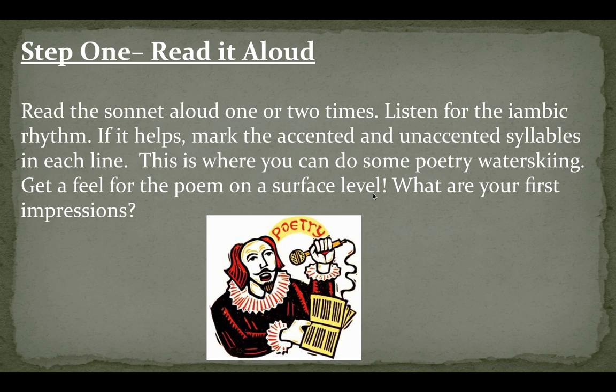This is also where you're going to be doing some poetry water skiing, getting a feel for it on a surface level, getting a first impression, and maybe when you read it a second time, even getting a second impression. Sometimes just reading it through, you can get the meaning of the poem without beating it over the head with a hose. So, very important to read aloud.